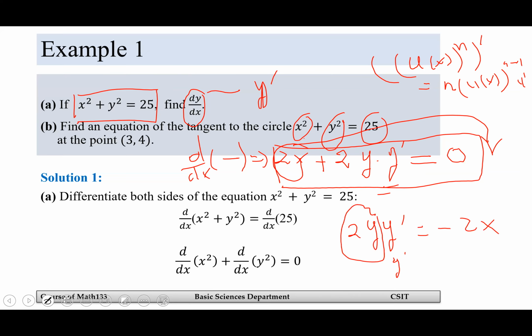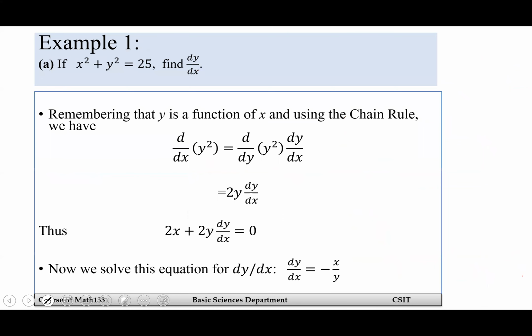So y prime will be equal to minus 2x over 2y, simplified by 2. That's the expression of y prime in terms of x and y, and that's enough to determine the value of y prime when we know the value of x and y at the point.